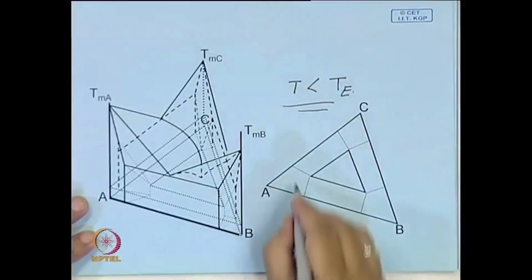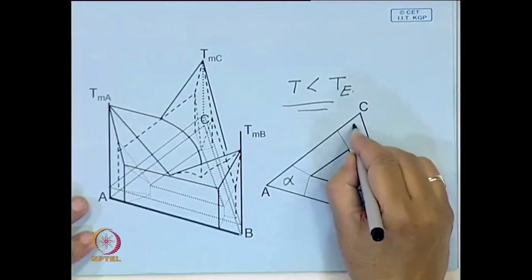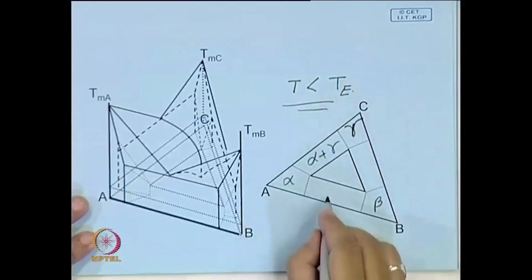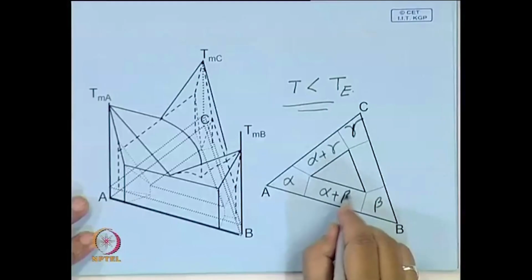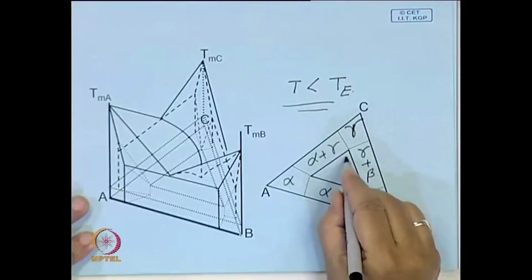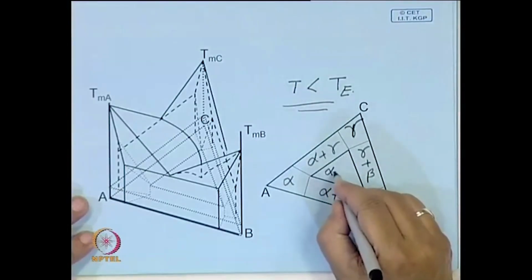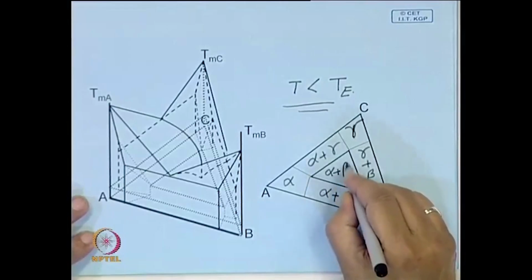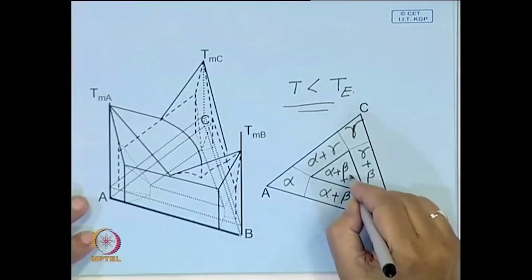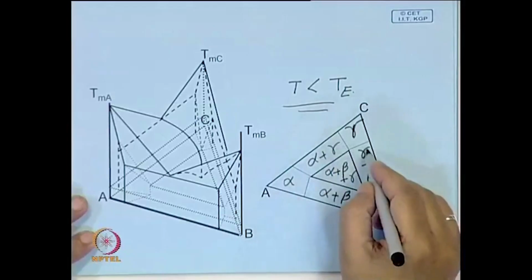Let us say at room temperature, this is the alpha end, this is beta, this is gamma, this is alpha plus gamma, this is alpha plus beta, this is gamma plus beta, and in this region you have the ternary eutectic, alpha, beta, gamma. In this portion you will get binary eutectic, alpha, gamma, gamma, beta.